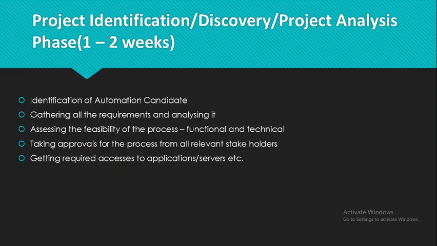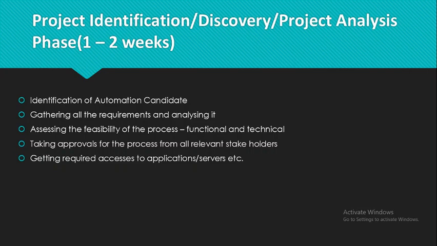Then it is your prime responsibility to assess the feasibility of the process, be it functional and technical. Once you feel this is the right candidate for automation, you'll have to take approvals from the process owners or different stakeholders of that project.